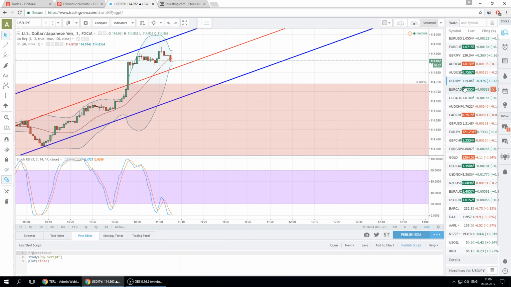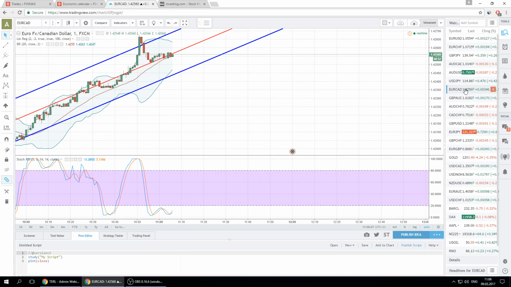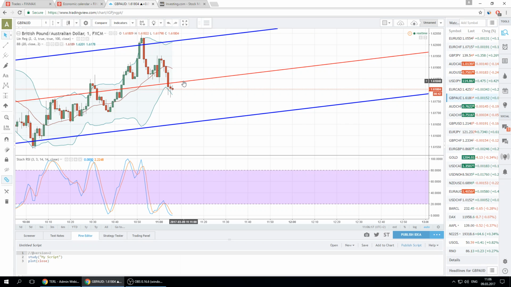Nothing. Here we see almost the classical pin bar, but it's not sufficient for me to enter the trade.